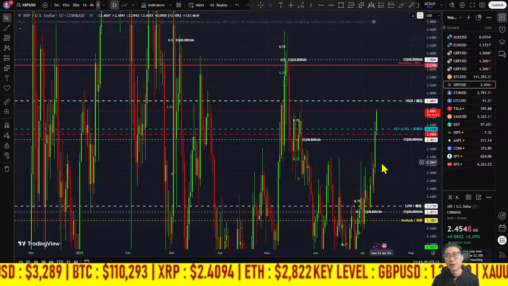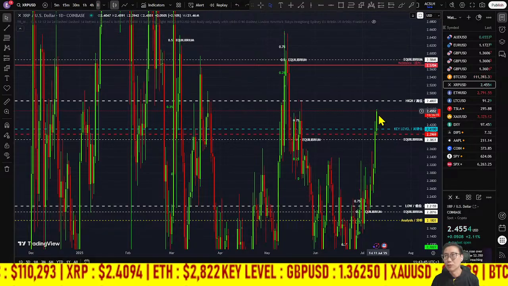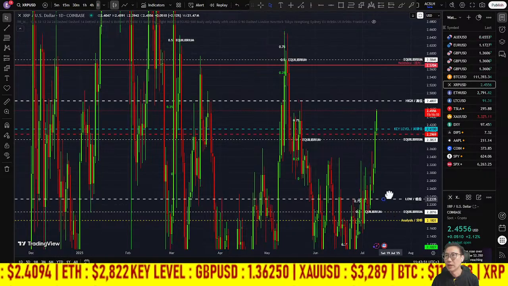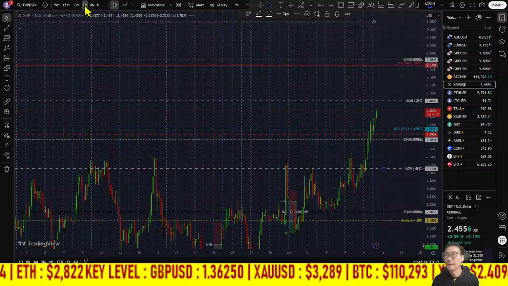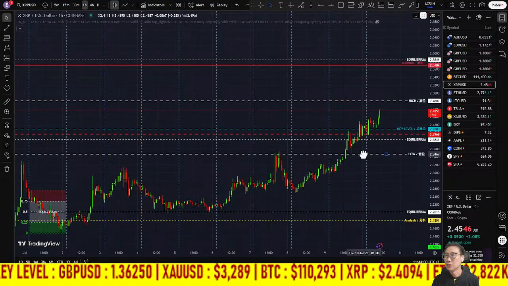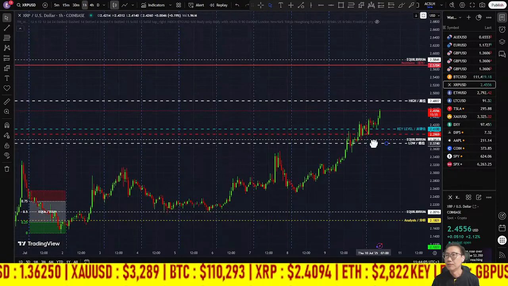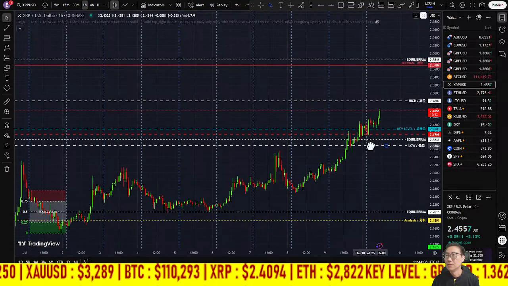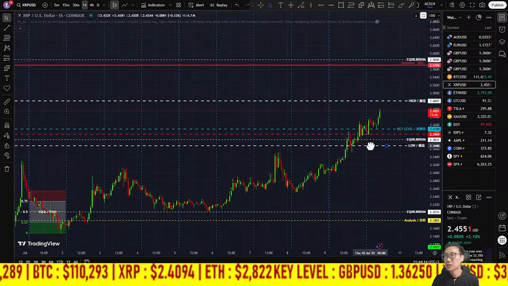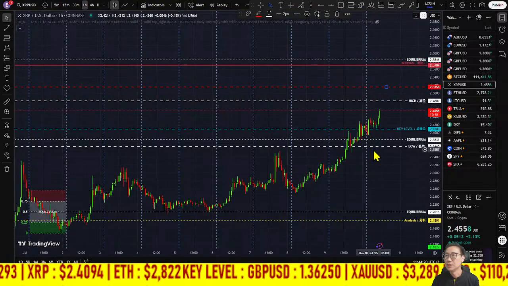Okay, if this is going to pull back and break below, likely we need to see where we are going to look. Let me look at H1. Okay, 236, or even, oh no, sorry, it should be here.